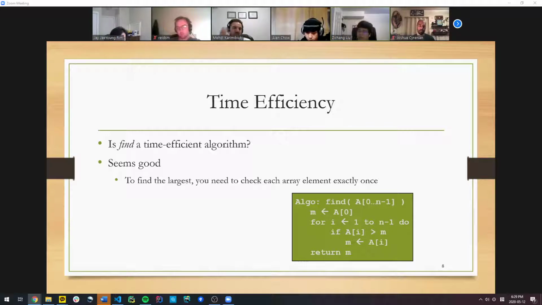Like 10 seconds? 10 seconds, right? Because you have to go through every single element, and we assume that checking each element takes 1 second. So we have 10 elements, you have to go from index 0 to index 9 and check every single one at a time to make sure that the element you found is the biggest.